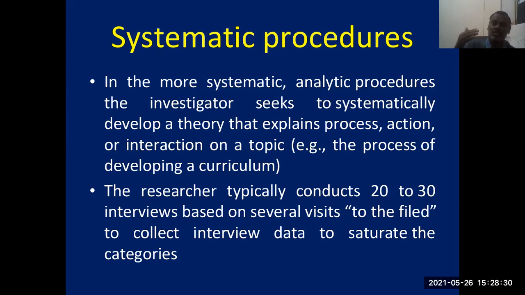He or she realizes that hereafter there is no new information, so I am going to stop. So you select a number of cases, then you continuously do your interviews for a certain period. When you conclude that the data is already saturated, up to that level you need to do the systematic procedure approach.